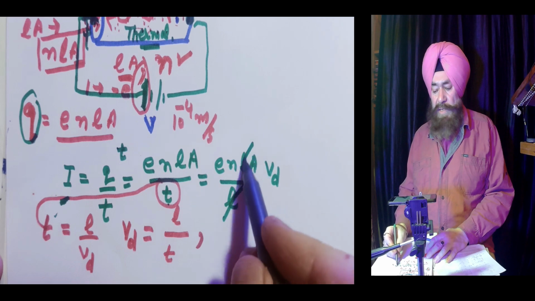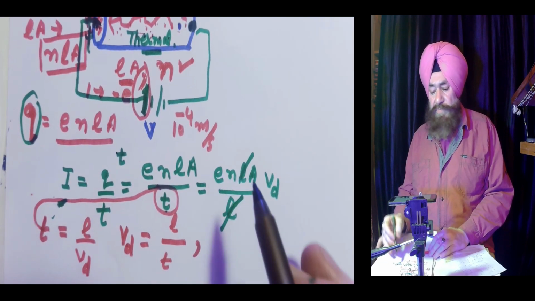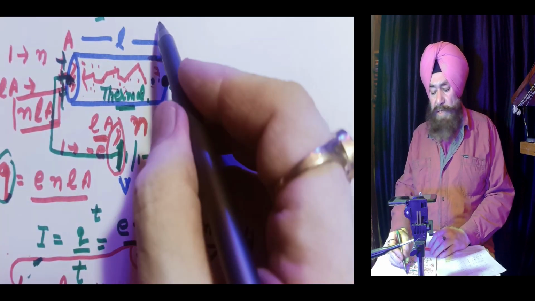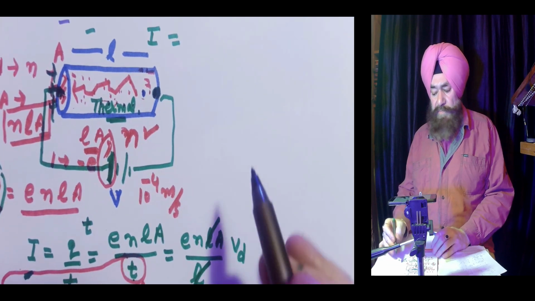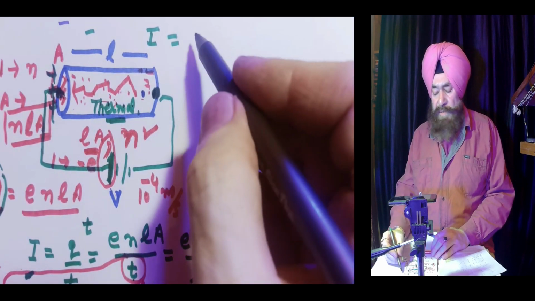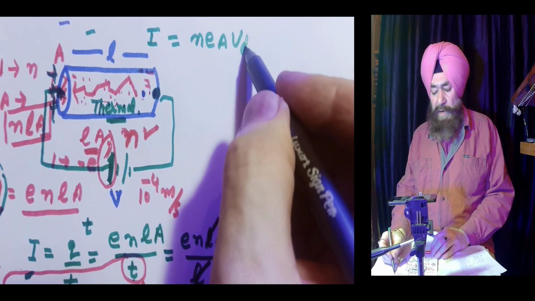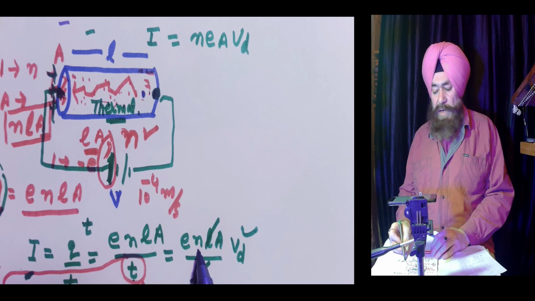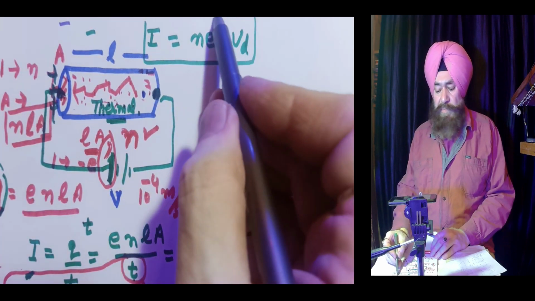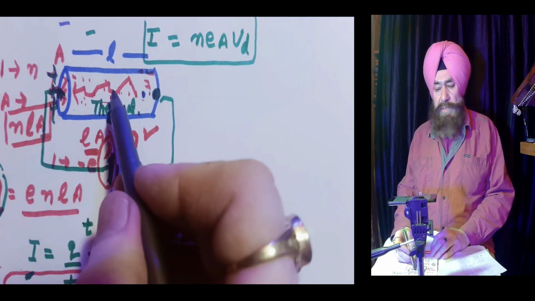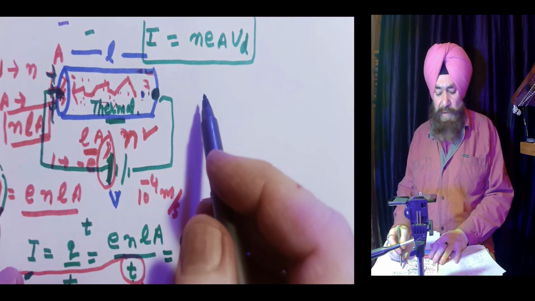Then this L and this L cancel. Now the current becomes I equals N e A Vd, this expression. So this is the current flowing in this cylindrical conductor.